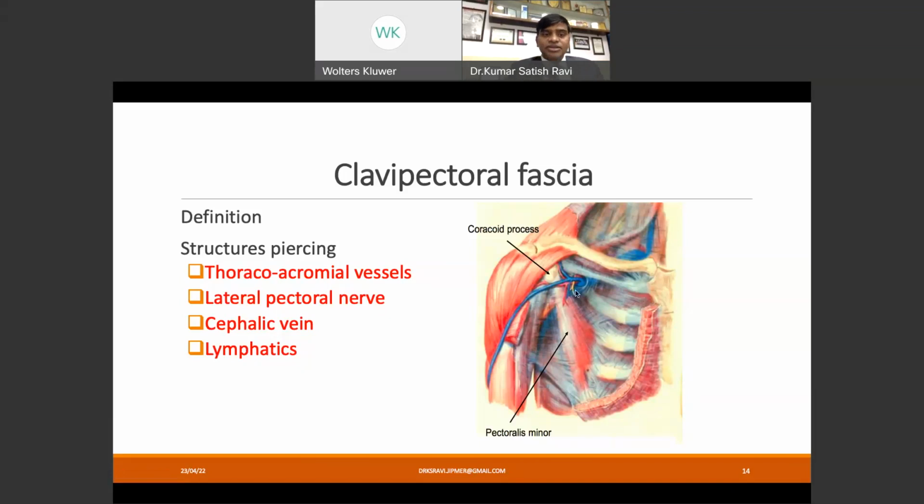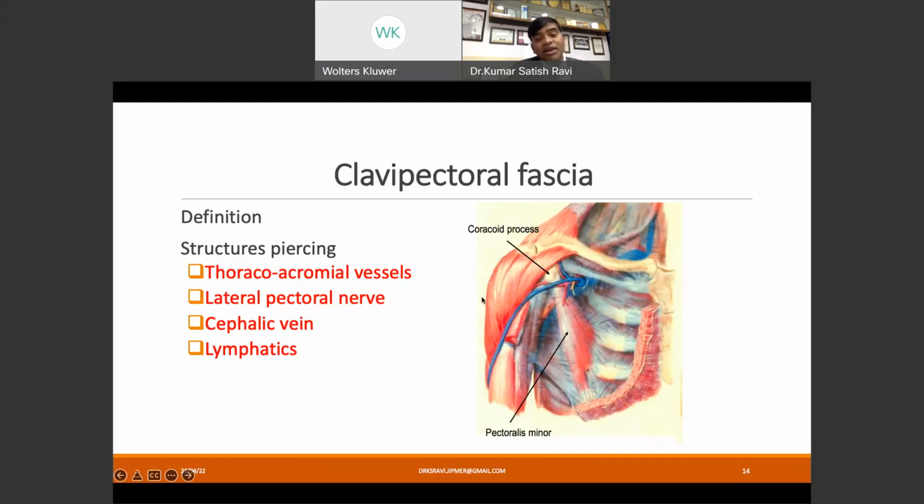So this clavipectoral fascia extends from the inferior surface of the clavicle. Superiorly it splits to enclose the subclavius, and below it splits again, encloses the pectoralis minor and merges with the suspensory ligament of the axilla.